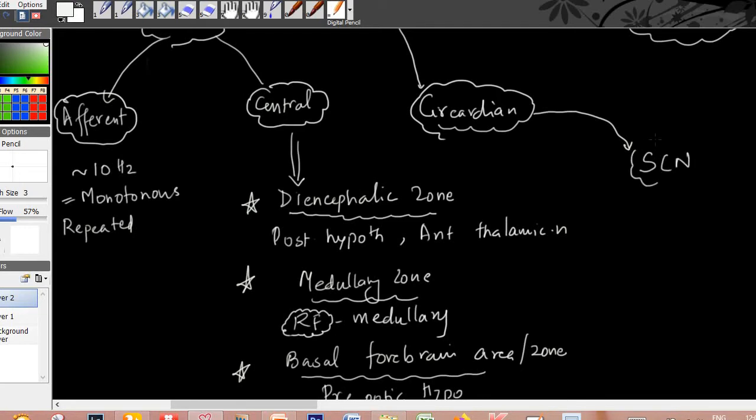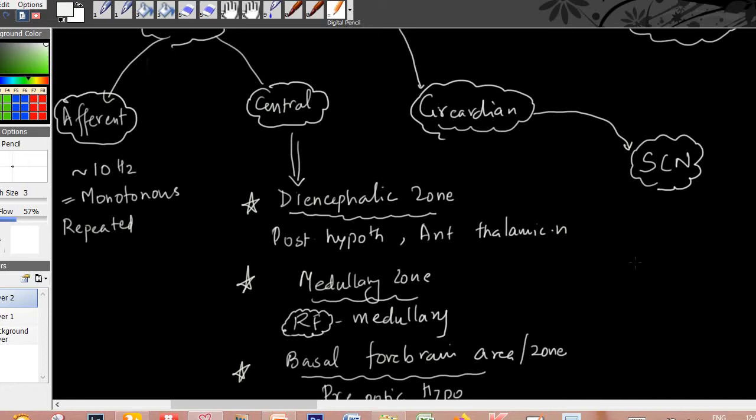I hope you have read about the importance of the suprachiasmatic nucleus in control of circadian rhythm in hypothalamus. You should have already guessed that it is the suprachiasmatic nucleus. If you have not guessed, it means that you have not properly studied hypothalamus. For those students who have guessed, it's okay, and you can make out that you are on the right track.